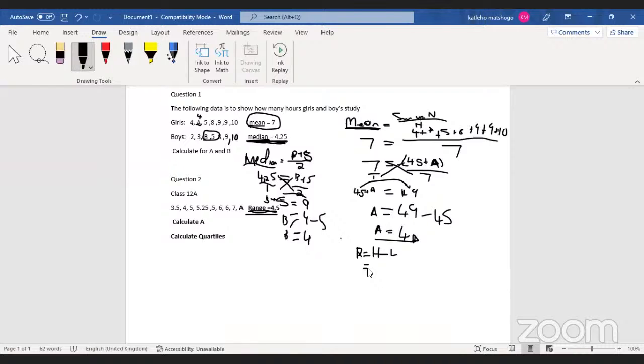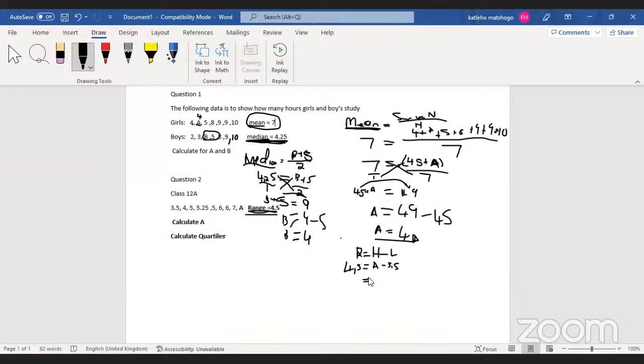On the R you will write 4.5. 4.5. And then we'll value A minus 3.5. 3.5. Yeah.